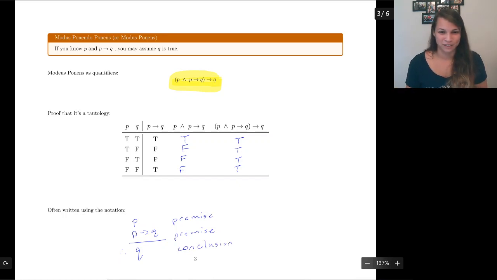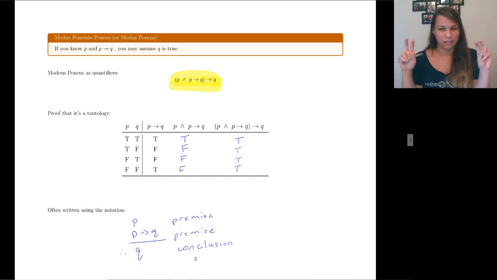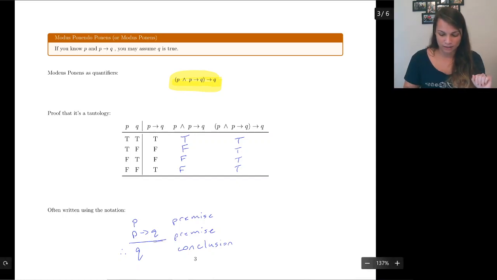Man, that's deep. Conclude the conclusion. That's helpful because if you Google rules of inference, you're going to see everything get written this way. Everything above the line right here is premise, and everything below would be the conclusion.